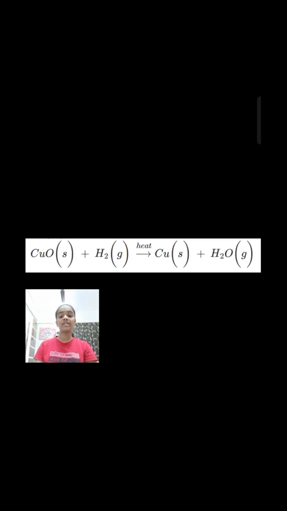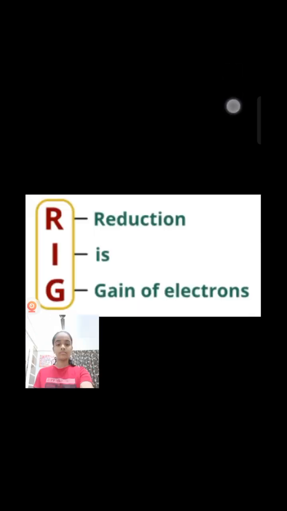Copper oxide plus hydrogen gives copper and water. CuO + H2 gives Cu + H2O. When oxygen is removed by a substance from a compound, we say that the compound is reduced. This process is called reduction and the substance is called a reducing agent. Hydrogen can remove oxygen from metallic oxides, therefore hydrogen is called a reducing agent.